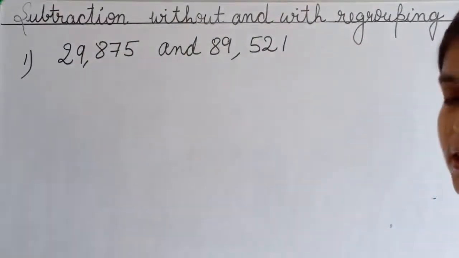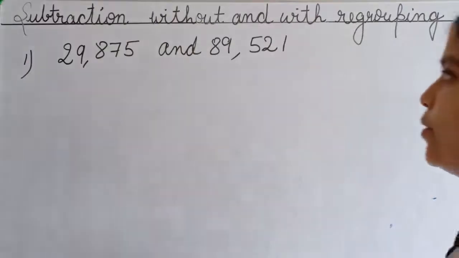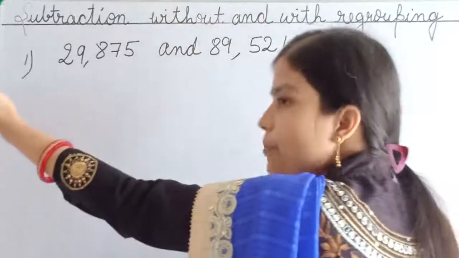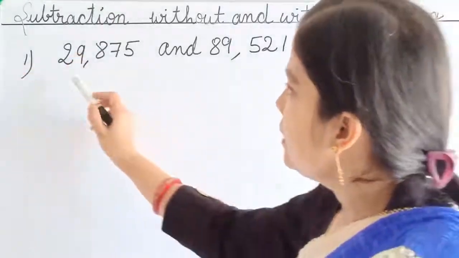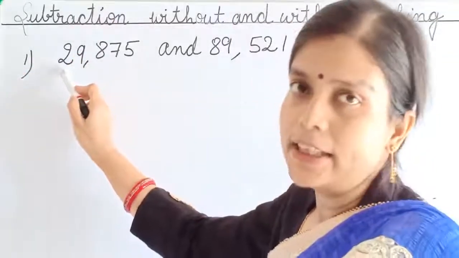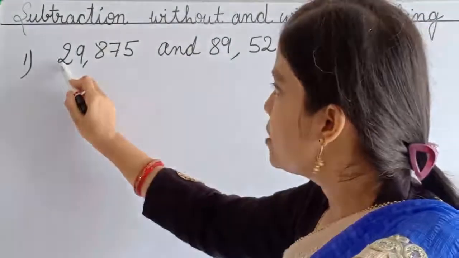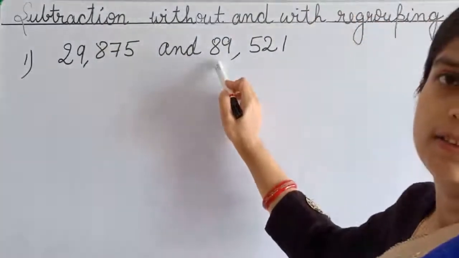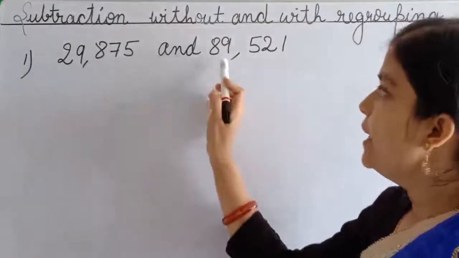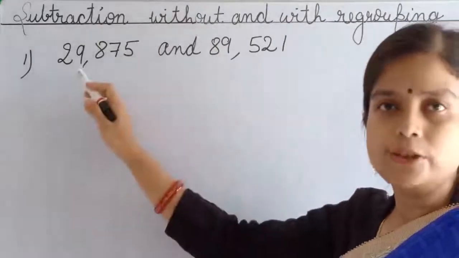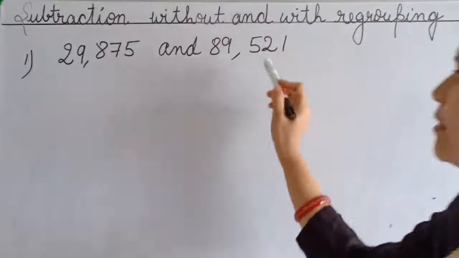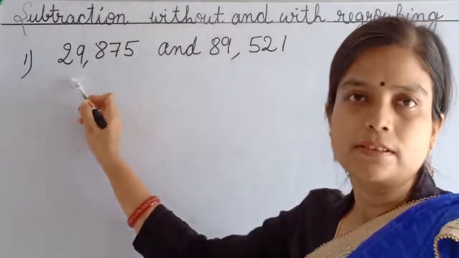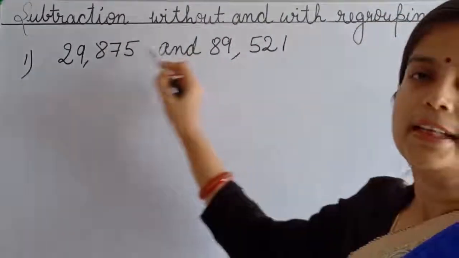We always start comparing from the left-hand side. So we compare the digit in the 10,000 place. Here it is 2 and here it is 8. You can see that 8 is bigger than 2. That means this number is greater than this number.